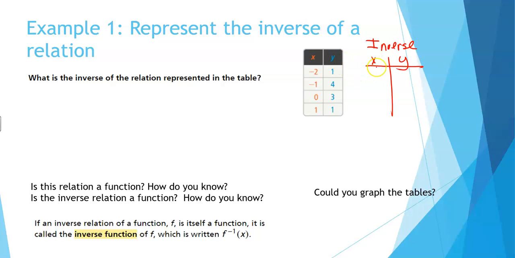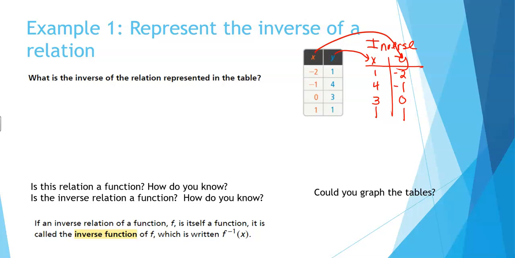So the y becomes the x, so we do 1, 4, 3, 1, and the x becomes the y, and you keep them lined up. All right, so that's all we do is flip-flop. So the y becomes the x, and the x becomes the y for the inverse.